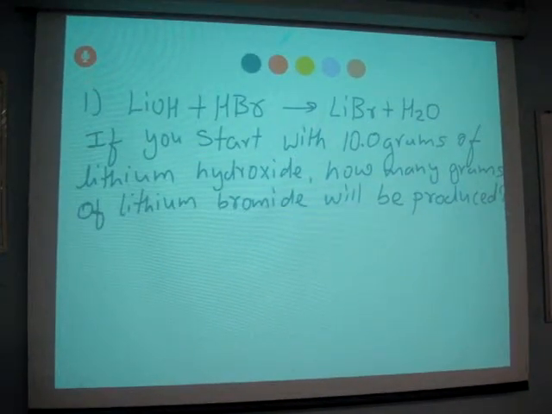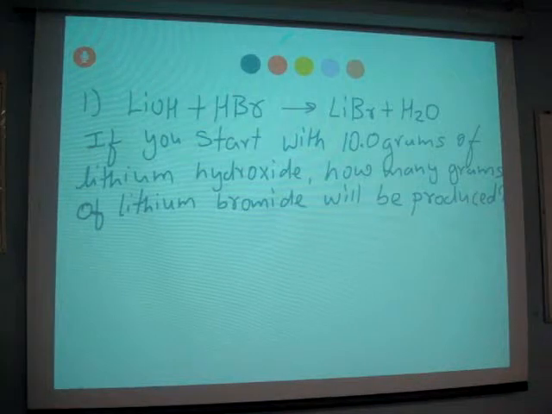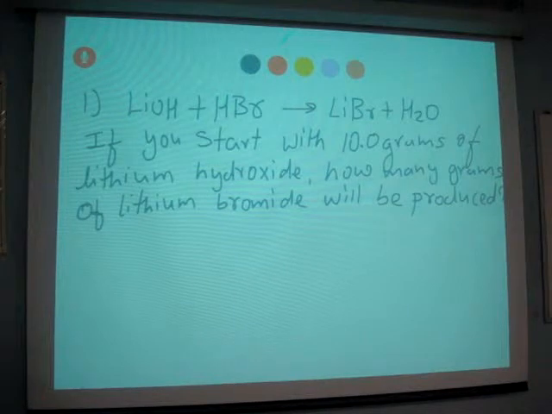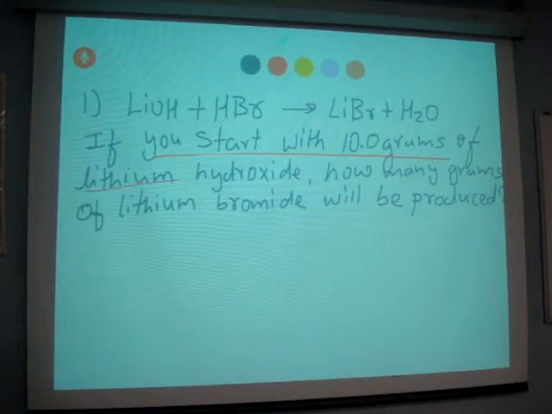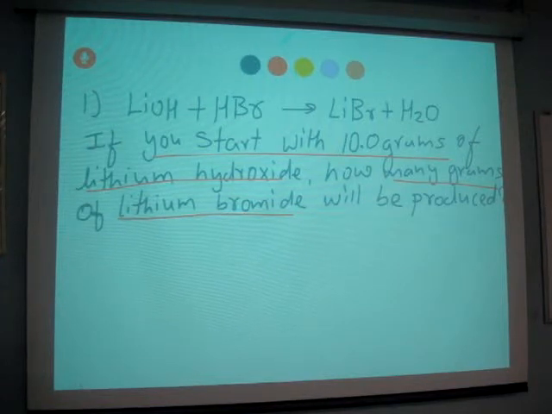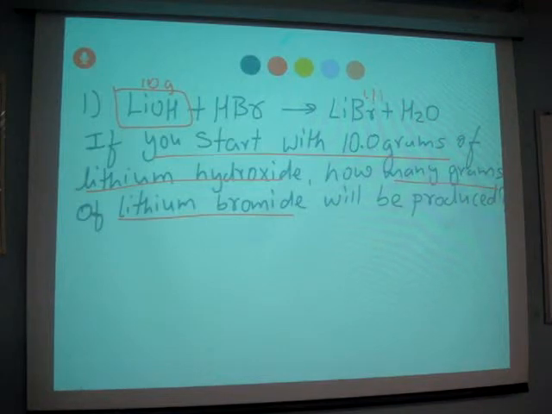So lithium hydroxide and HBr, hydrobromic acid, LiOH and HBr, when they react, it gives LiBr and H2O. Now, if you start with 10 grams of lithium hydroxide, we need to find out how many grams of lithium bromide will be produced.